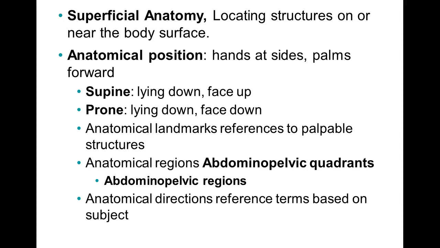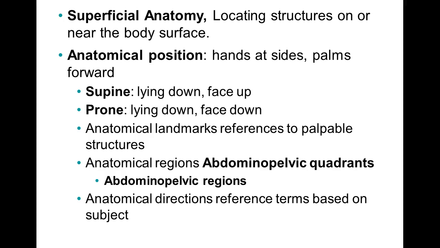Then shifting gears here in our topic, we have terms to know and to study, and they tend to be very, very useful with regard to flashcards or just over and over again. Superficial anatomy, near the surface, anatomical position, we talked about this in lab, or you've probably talked about it in other classes.